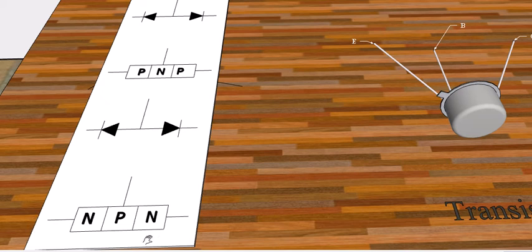If we look inside the transistor, it is made up of two types of material, N material and P material. This N material is called N-type semiconductor, which consists of electrons, whereas this P material is called P-type semiconductor, which consists of holes that are similar to positive charges.